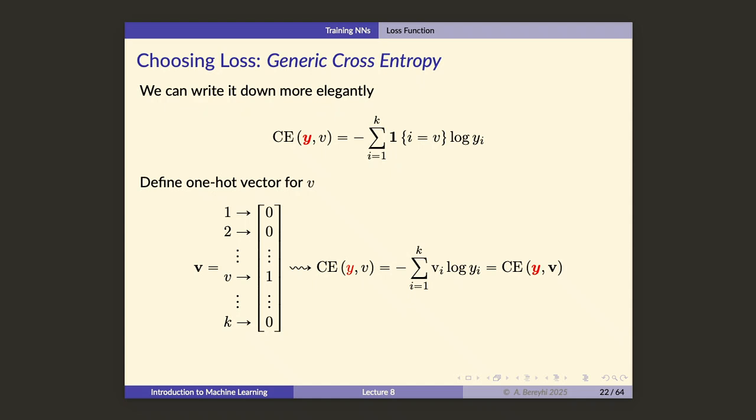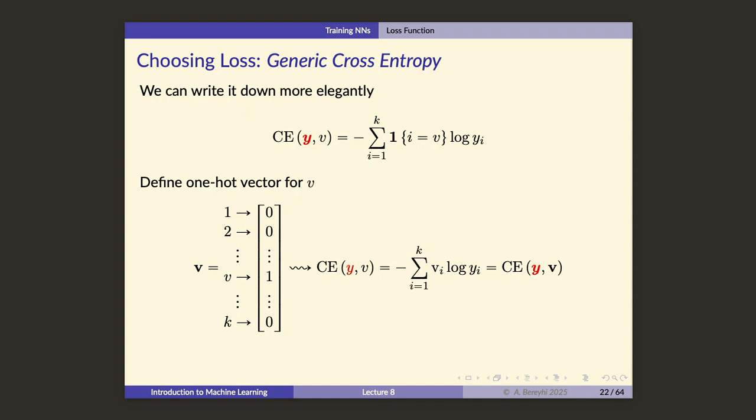So I can define one vector V. And this vector V is, again, k-dimensional, exactly as much as entries I have inside Y. And this vector is going to be 0 everywhere, but at the place of the true label V. Okay? This is what we call a one hot vector. So one hot vector here is 0 everywhere.